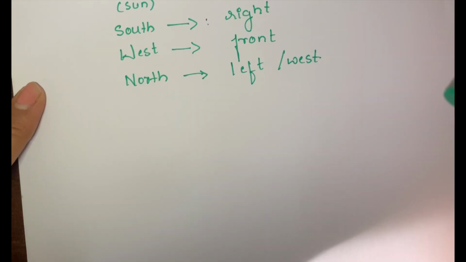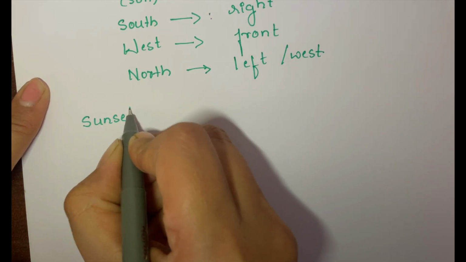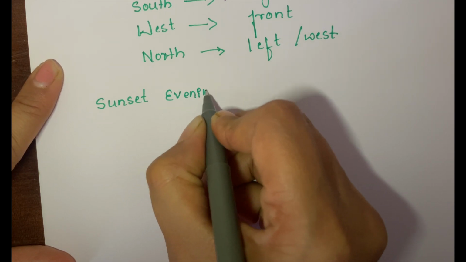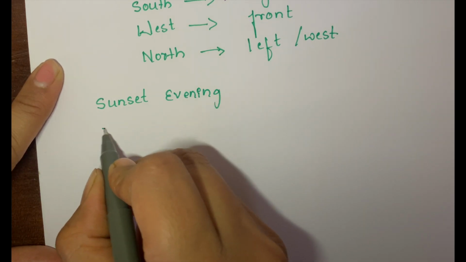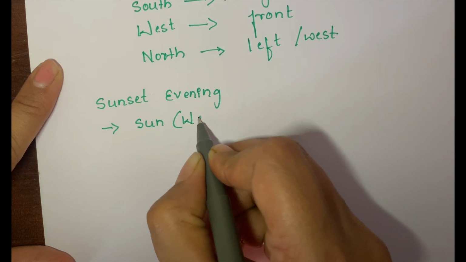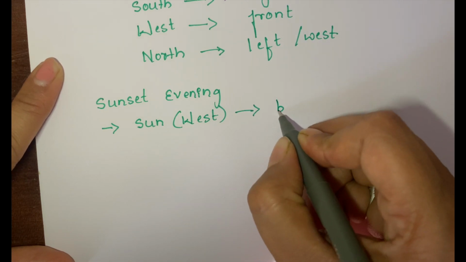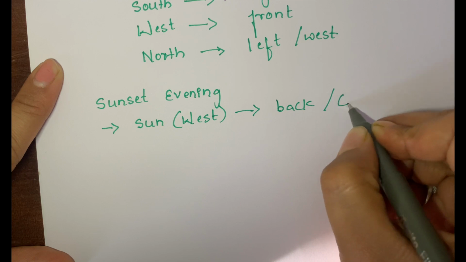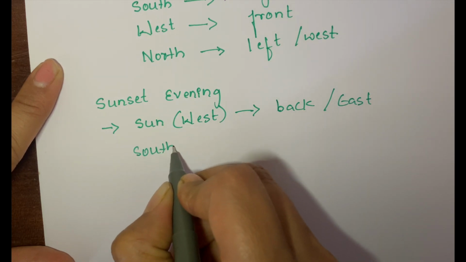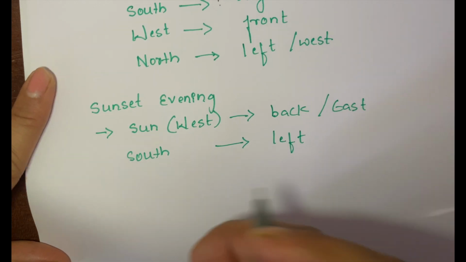Okay. Then for the sunset or evening. If a person is facing the sun, that is facing west, then the shadow will be in the back, or east. If a person is facing south, then the shadow will be at the left.